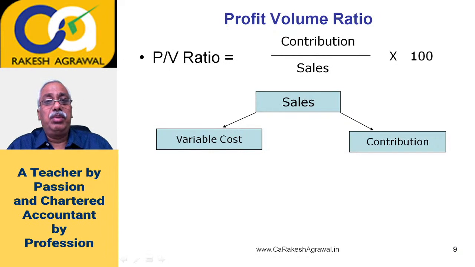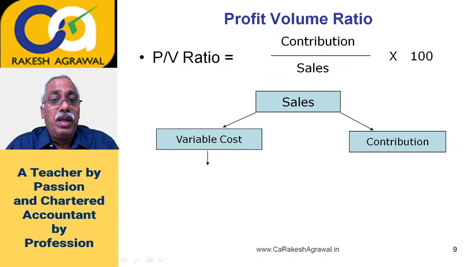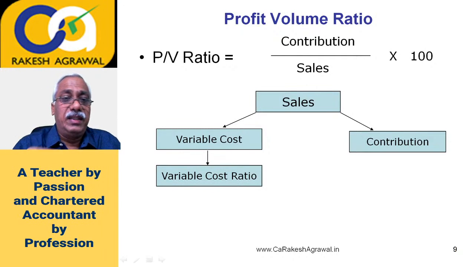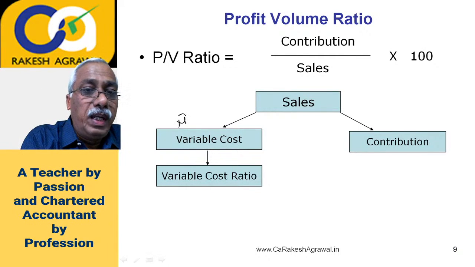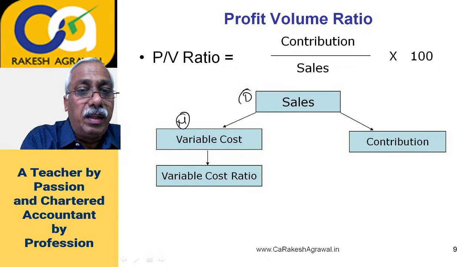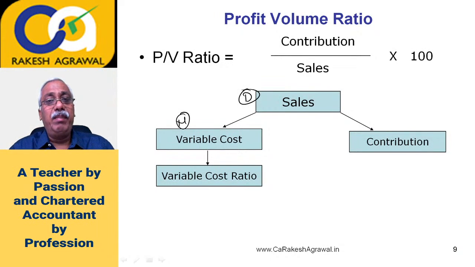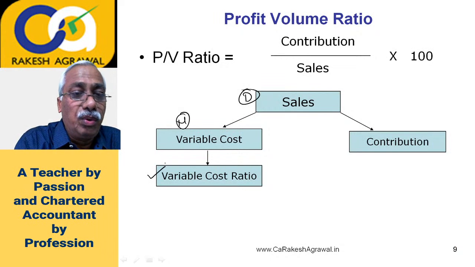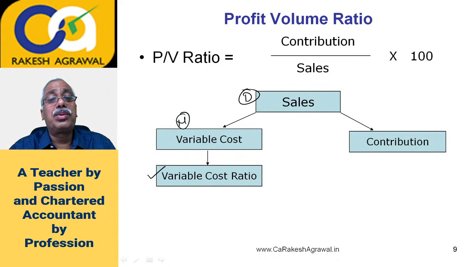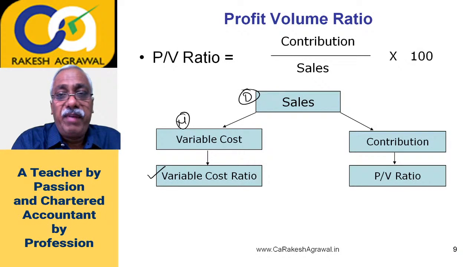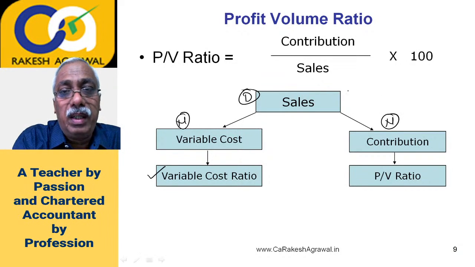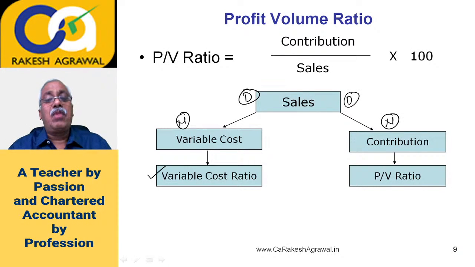Now if variable cost is divided by sales, means variable cost in the numerator, sales in the denominator, variable cost divided by sales into 100, you will get a ratio. You will call it the variable cost ratio. And if I take contribution in the numerator and sales in the denominator, so contribution upon sales is the PV ratio, which is already written above. So variable cost divided by sales is the variable cost ratio and contribution divided by sales is the PV ratio.